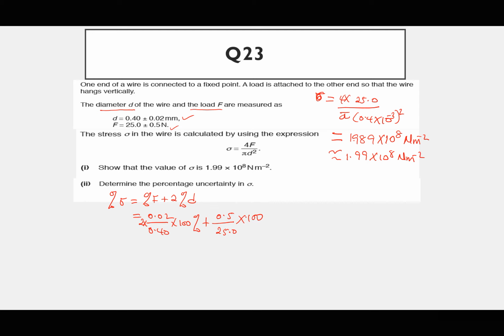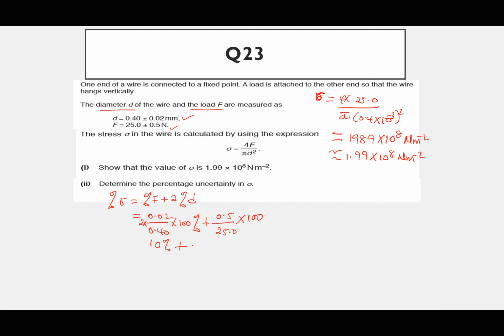Let's check. We press the calculator. 2 times 0.02 divided by 0.4, times 100. So this is 10%.